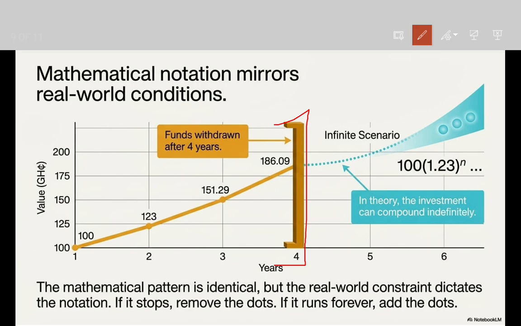My savings or my interest ends in year 4 when I withdraw. But remember, sometimes we have compound interest. If you learn compound interest, it can go on and on indefinitely, as long as you wish. And so you can use the ellipsis symbol to demonstrate compound indefinite interest.